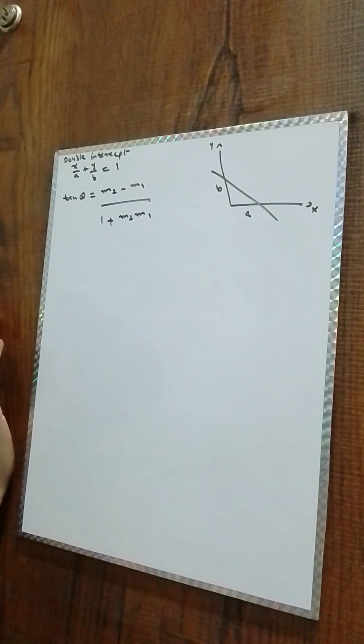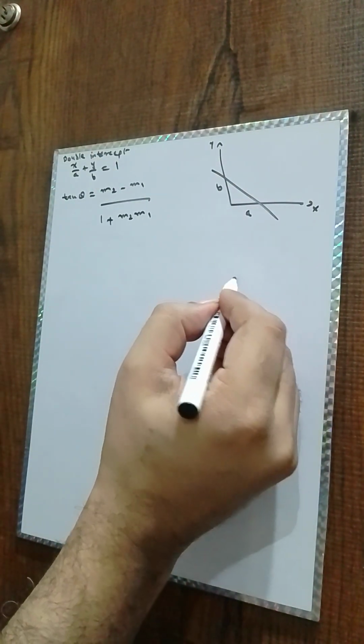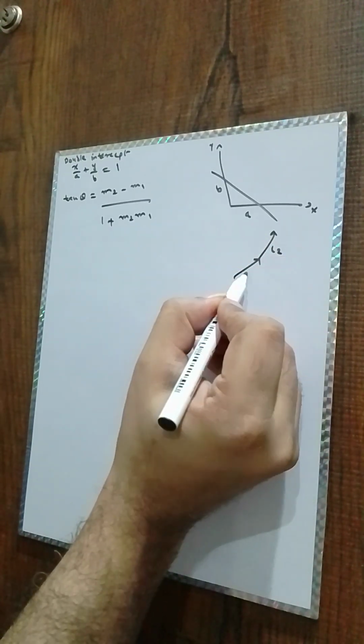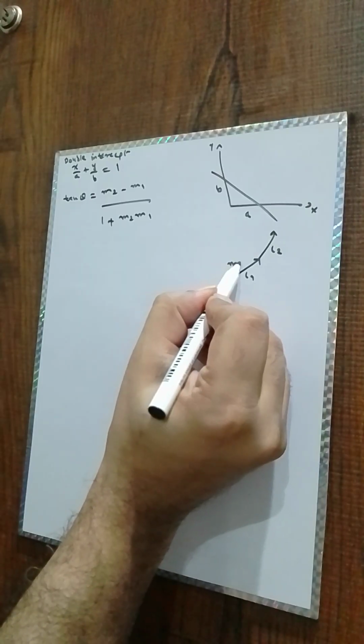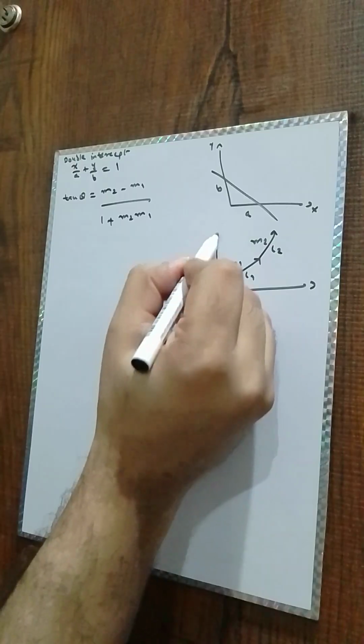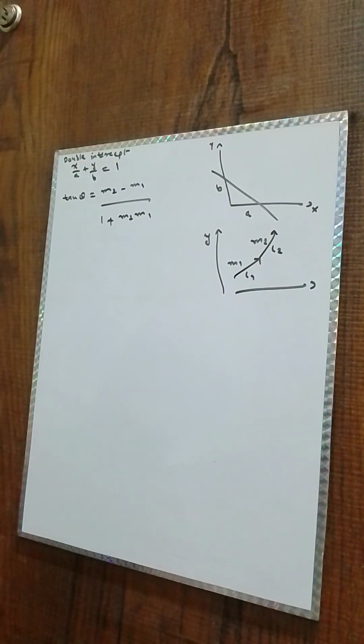Okay, so this gives us the tangent of the angle in case of two lines. So for example, there are two lines and they have two slopes, L1, L2. So this has m1 and this has m2, and both are on the XY plane, something like this.